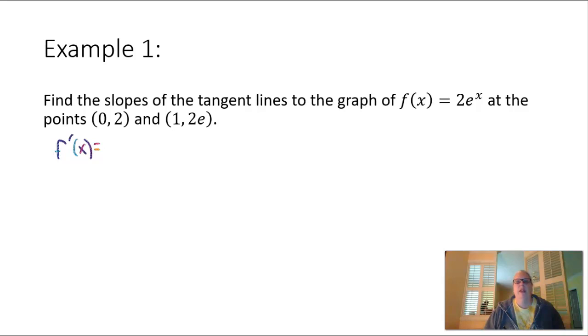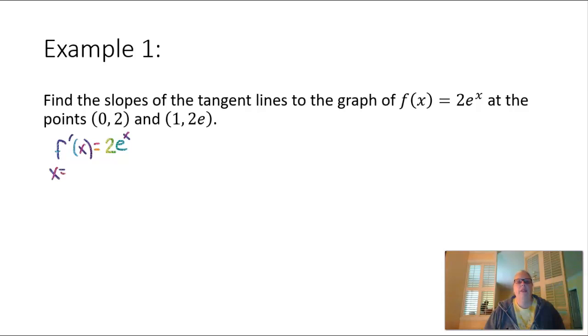And then f prime of x is going to be 2 times the derivative of e to the x. Well, remember that e to the x is its own derivative, so the first derivative of our function here is itself.